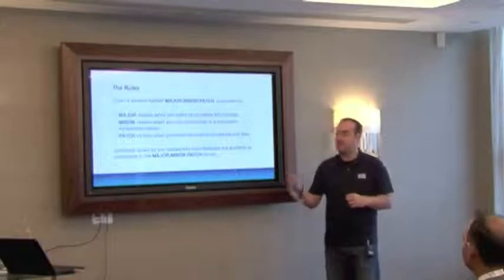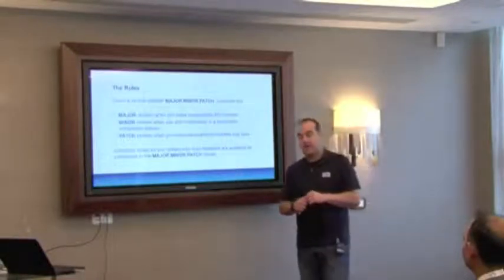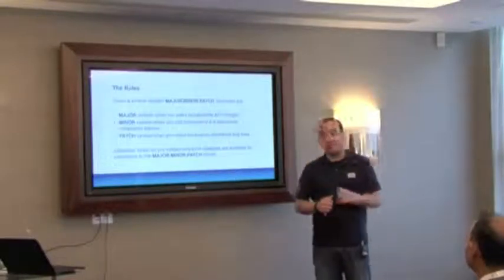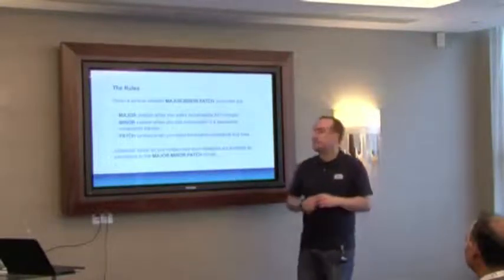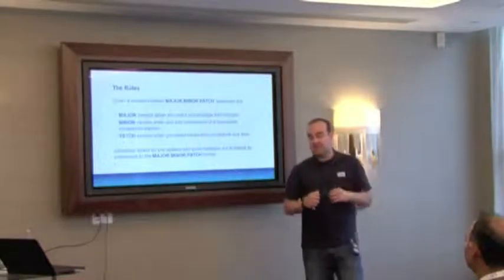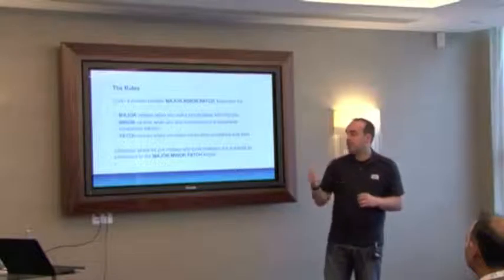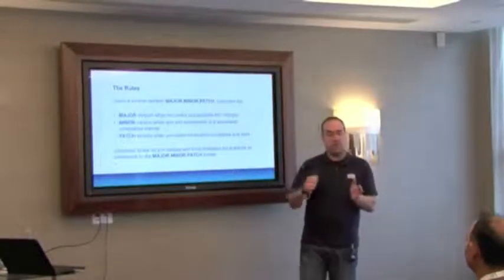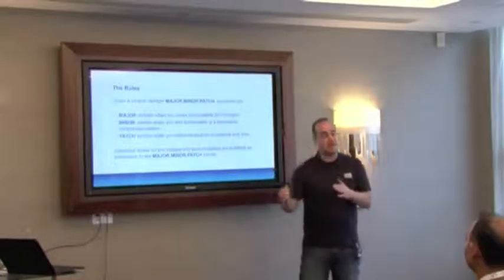And by incrementing the patch number, you're saying to someone that there's been no new features added, there's been no breaking changes, all we're doing is fixing bugs. So those are the rules. And what happens is that if you increment the minor or the major, the numbers to the right-hand side always revert to 0. So we start again, basically.